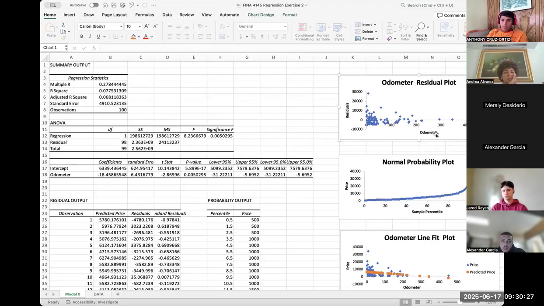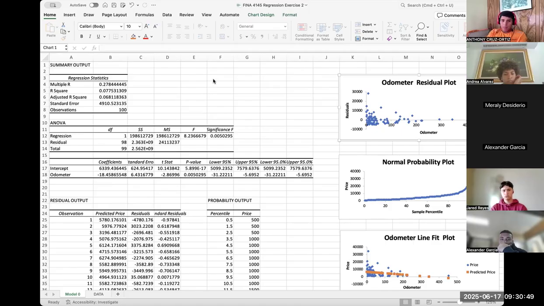So you guys all have to watch the regression videos. Okay, so everybody knows what a residual is? What is a residual? The residual is the difference between the estimate and the actual.